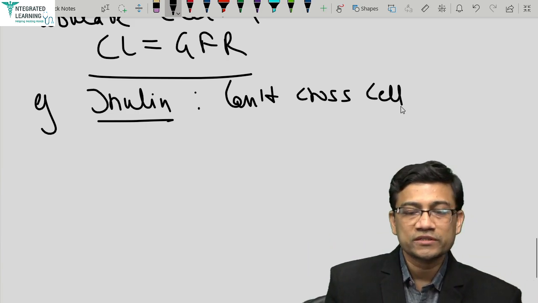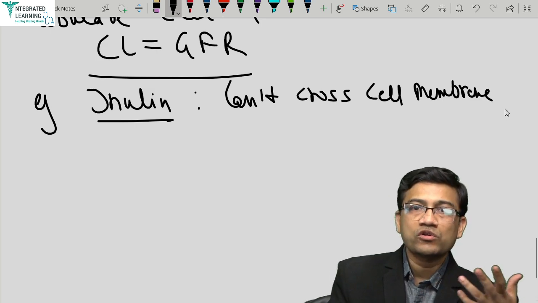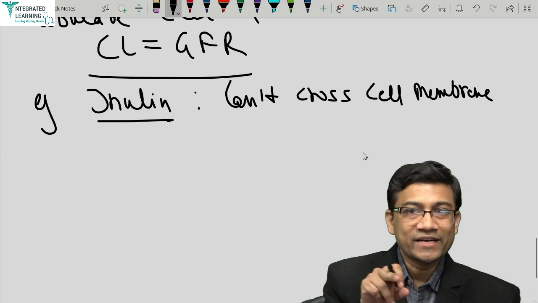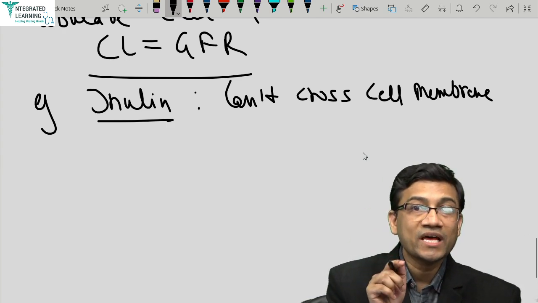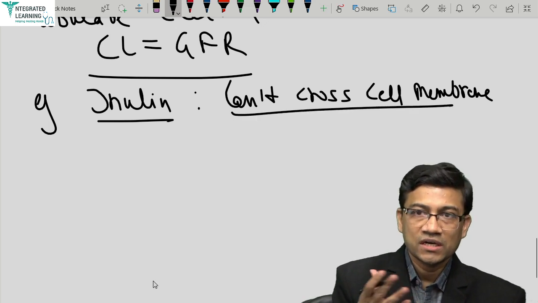But if you can't cross the cell membrane, you remain only in the plasma, and to be out of plasma you undergo filtration through the glomerular filtration membrane. It is small enough to cross the filtration membrane but not the cell membrane.